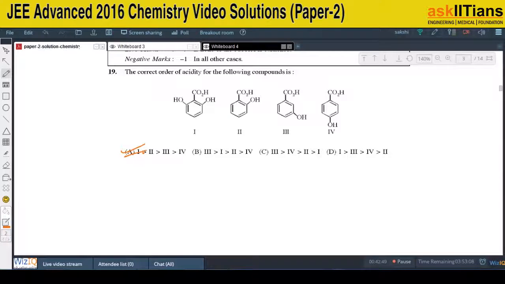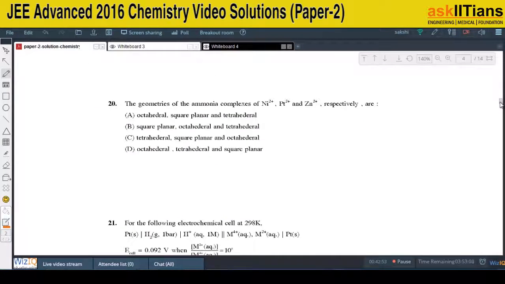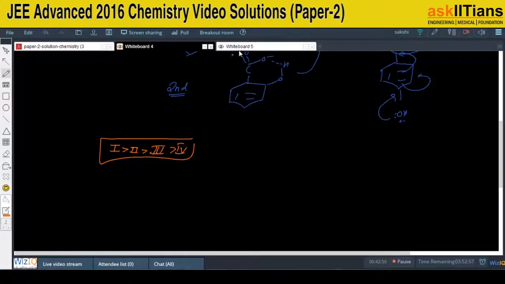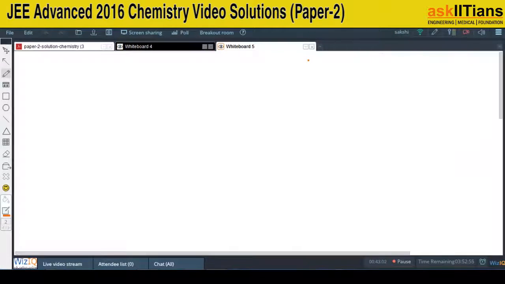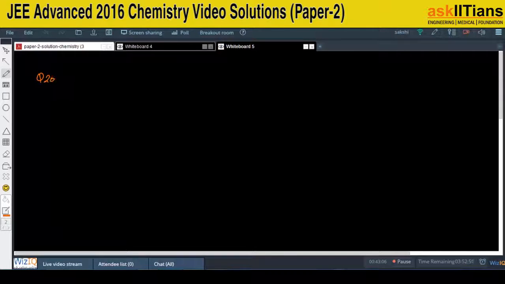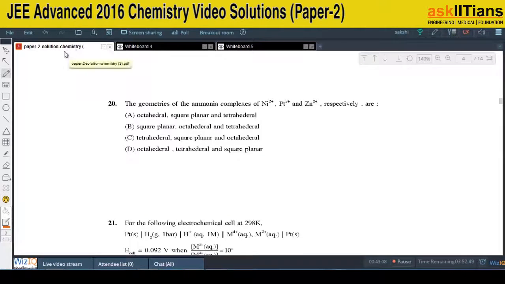The second question of the paper states that, let me put up another screen. Coming over to the second question, this question states that the geometries of ammonia complexes of nickel 2 plus, platinum 2 plus and zinc 2 plus respectively are. Let's first look into the options.